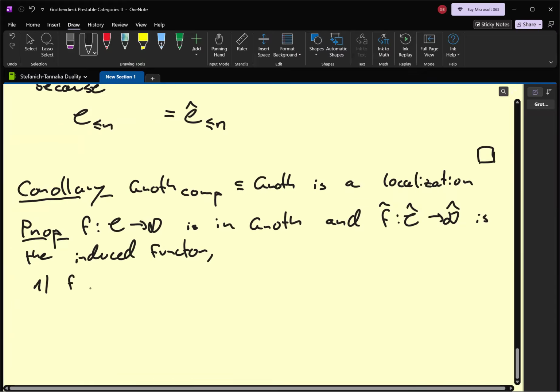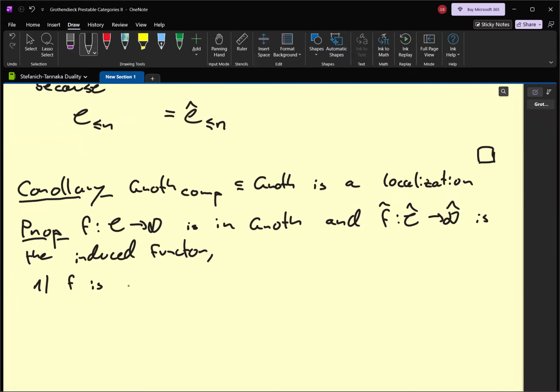One, if f is Lex, then this implies that f hat is also Lex. And two, if f is almost compact, then f hat is almost compact. But in fact, the converse is also true, right? f is almost compact if and only if f hat is almost compact.